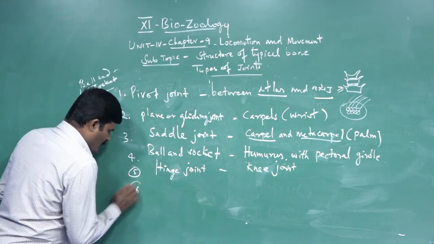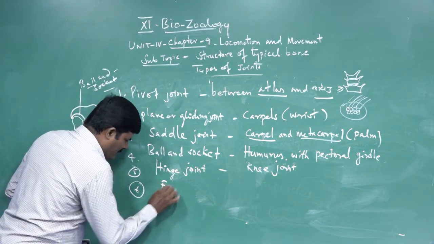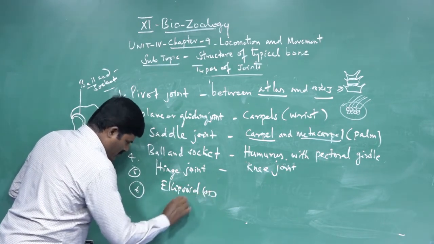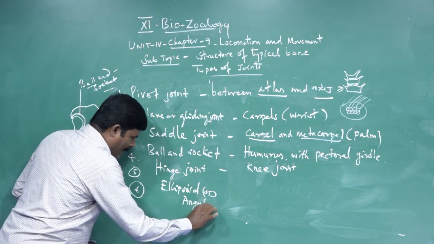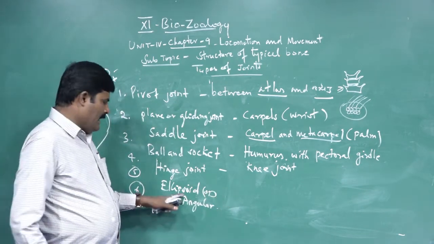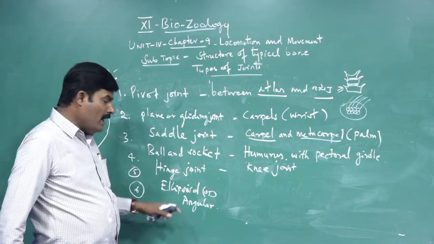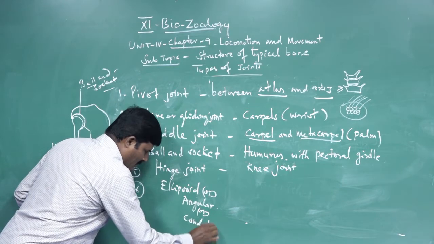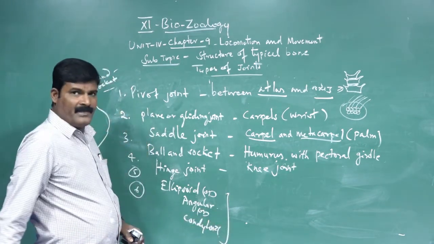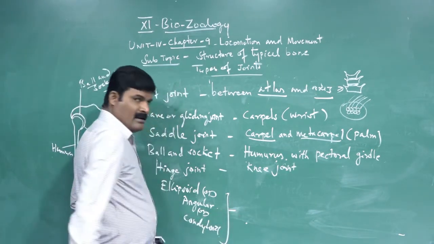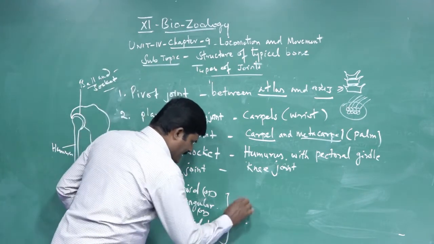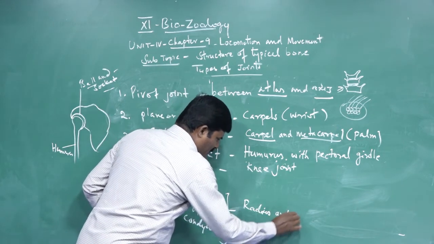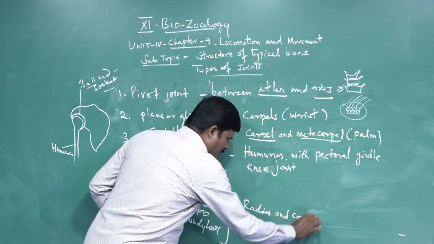The sixth one is ellipsoid or angular, otherwise called condyloid. This kind of joint is present particularly between the radius and carpal.